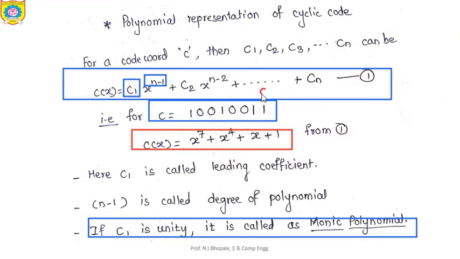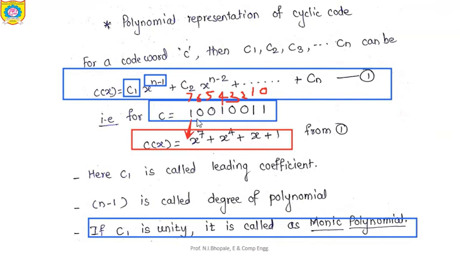So this is 0, this is 1, 2, 3, 4, 5, 6. Wherever the 1 is present, I will assume it is the coefficient of the related x term. Here 1 is present, so 1 into x raised to 7.